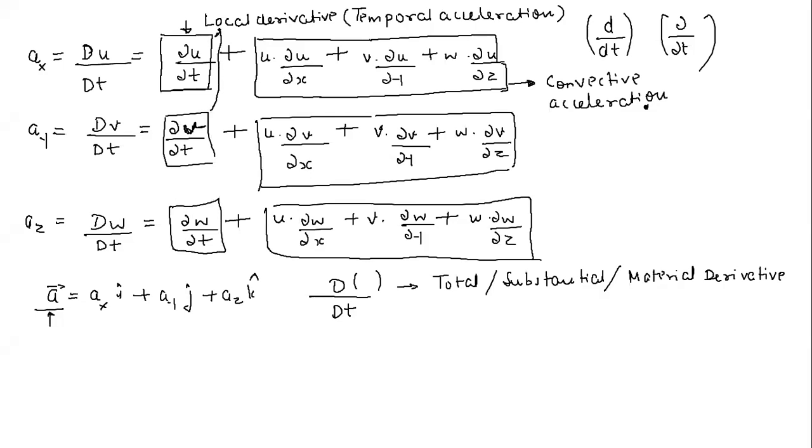So just remember this is the local derivative, and these three terms are called convective acceleration terms. This is defining the change in velocity with respect to time, and this is defining the change in velocity with respect to space coordinates. Now, the summation of these two is called the total acceleration, and this operator, capital D divided by capital Dt, is called the material derivative.